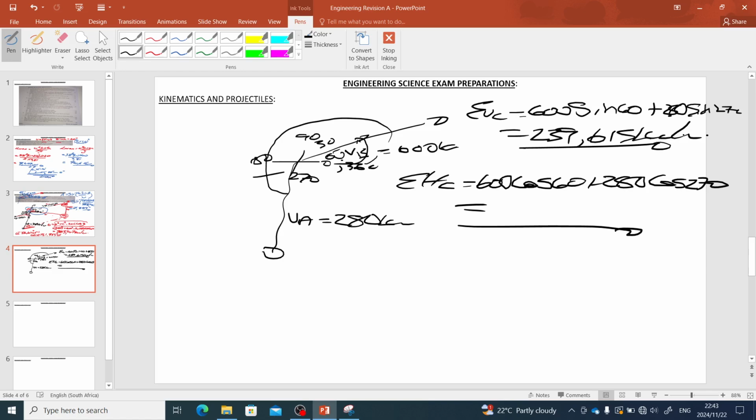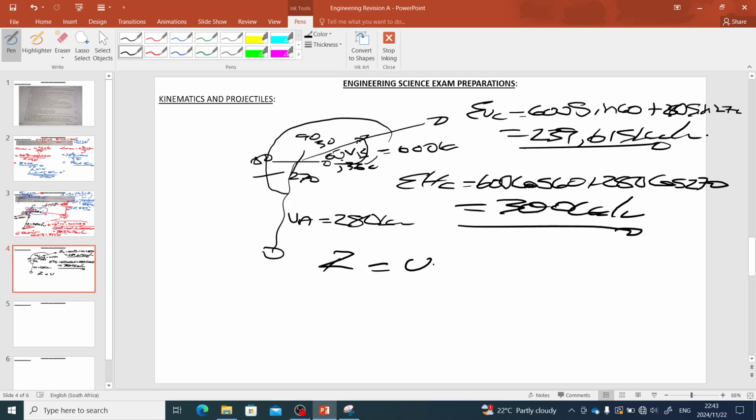Then the horizontal component, where the sine we put cos, it will be 600 multiplied by cos 60 plus 280 multiplied by cos 270. Then I get my answer as 300 kilometers per hour.